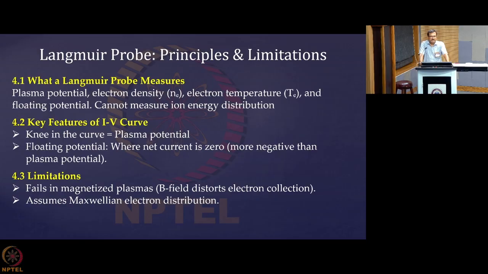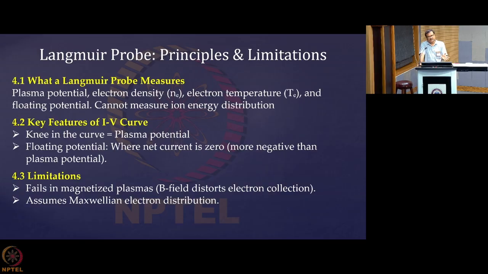What are the limitations of Langmuir probe? You cannot use it so easily in magnetized plasma, because the magnetic field disturbs the electron kinetics. The moment the magnetic field finds an electron, it tries to trap it and make it rotate around it, and if the B is strong enough, then the radius of gyration may be smaller than the probe diameter.